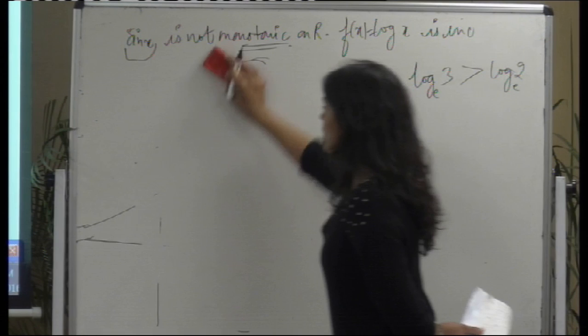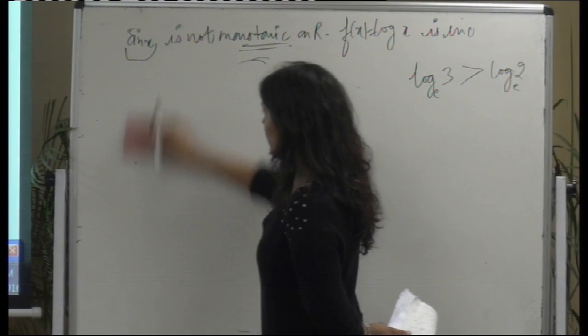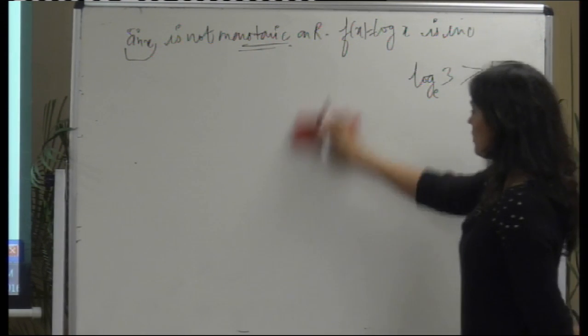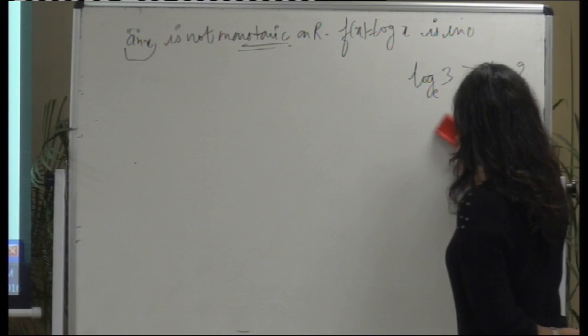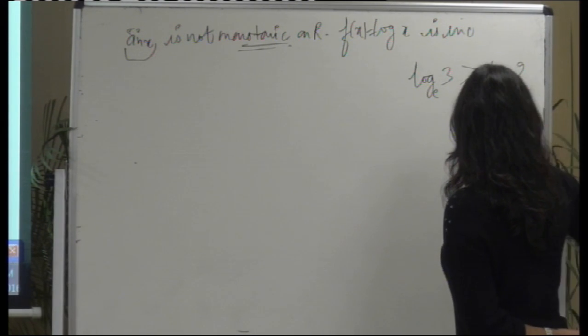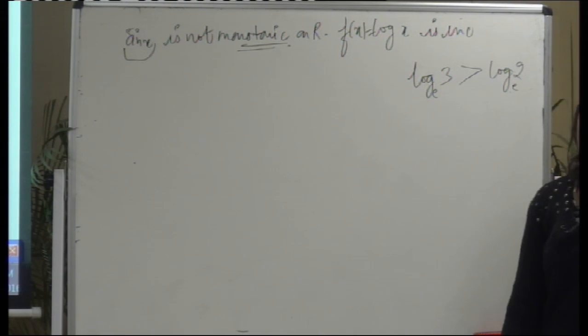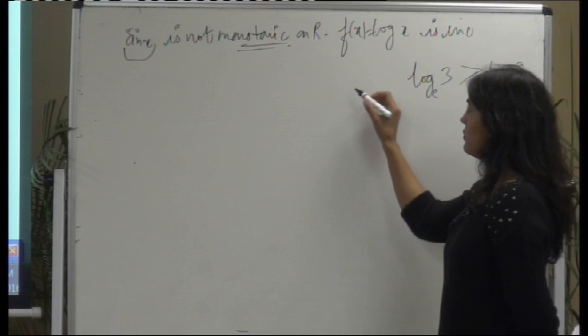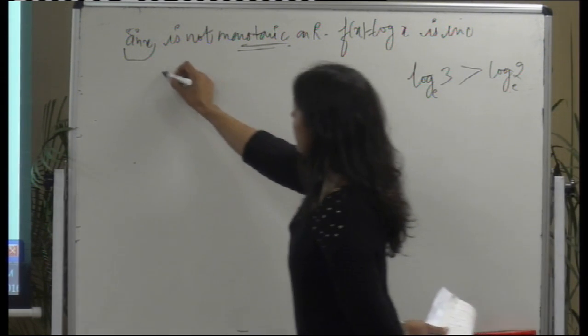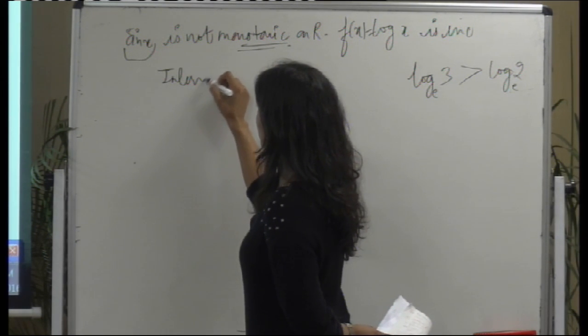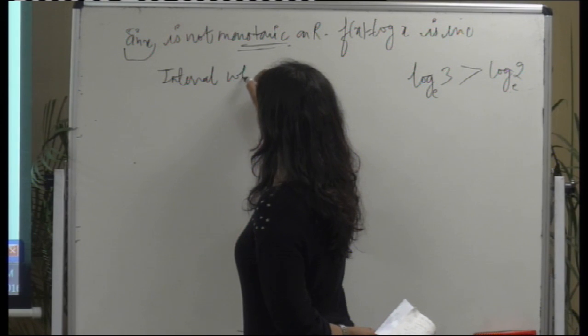Because you know the graph, from the graph basically you are saying. Give me the interval where this is changing the sign, basically where it changes the sign.